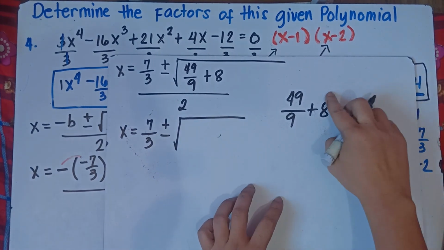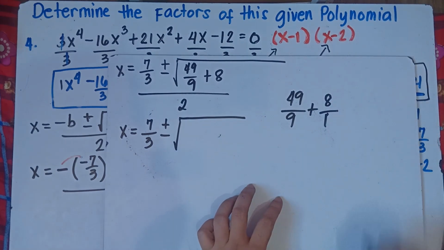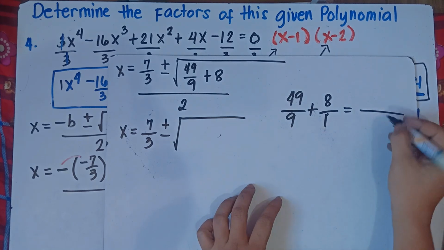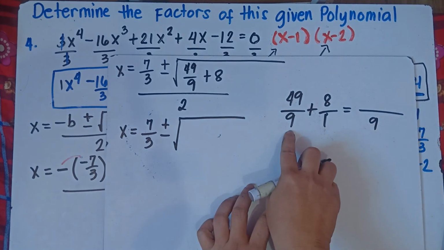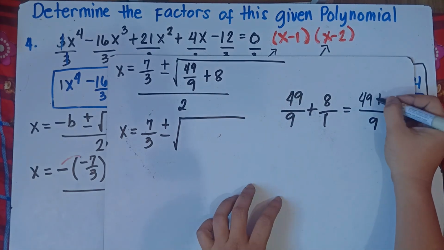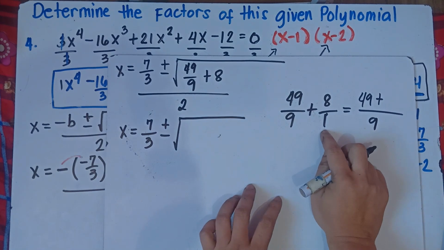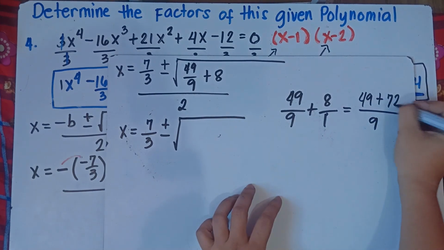Understood that the 8 here, the whole number 8, has the denominator of 1. So to add this one, find the LCD of 9 and 1, that is 9. So 9 divided by 9 is 1, times 49, that's 49, plus 9 divided by 1 is 9, times 8, that's 72.